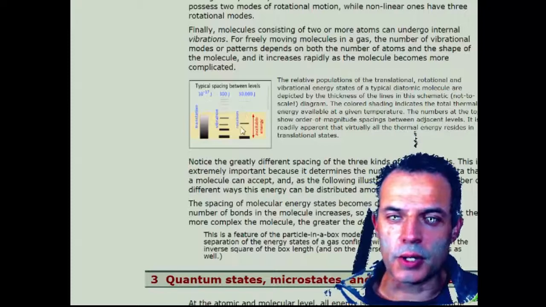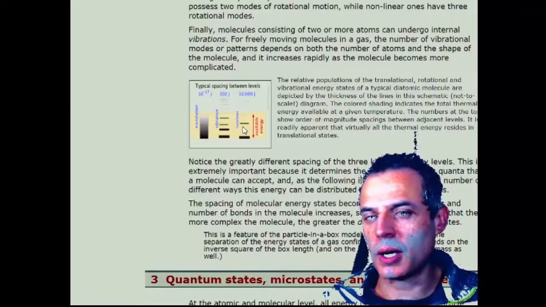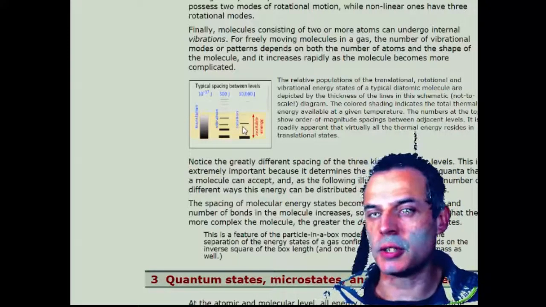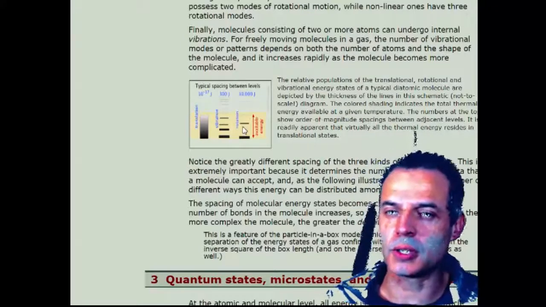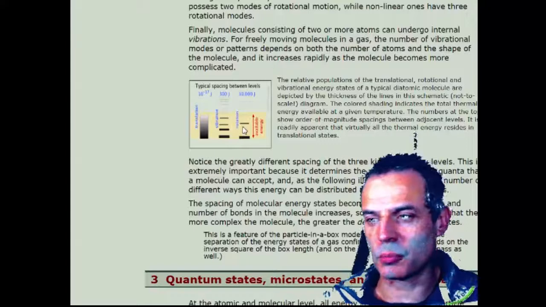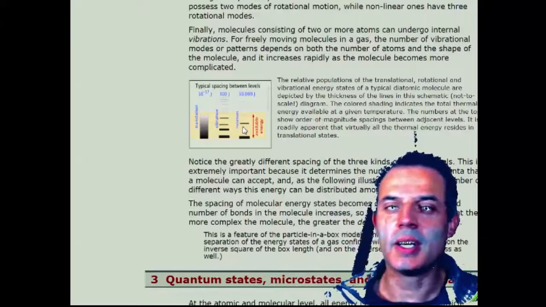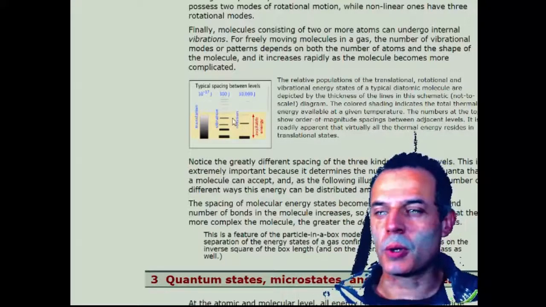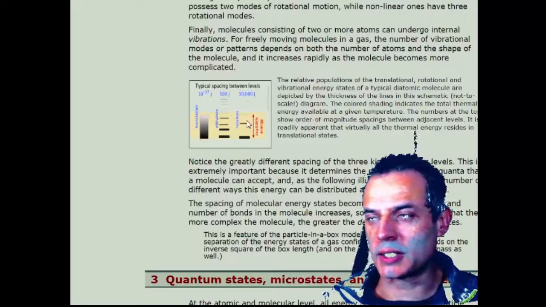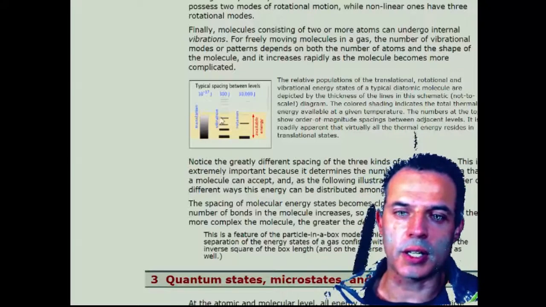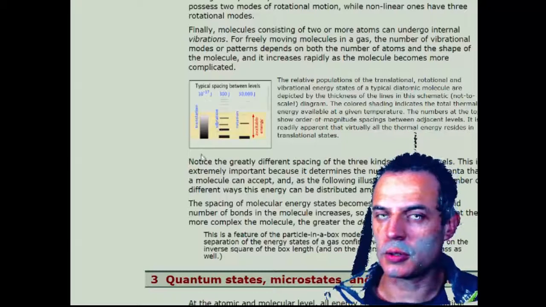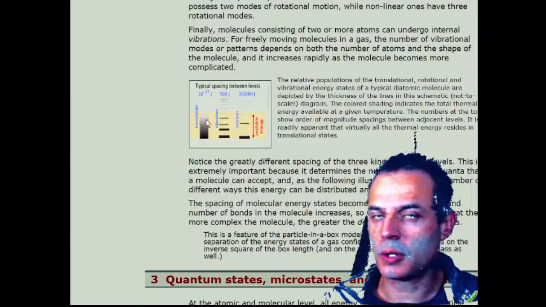It's not strictly true because we can take energy from several molecules and put it into one. So we could jump up, but on average there will be very few excited in the rotational levels, and most of them will be just translationally excited with a few vibrationally excited.